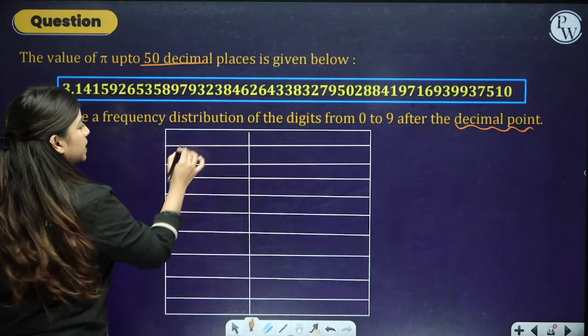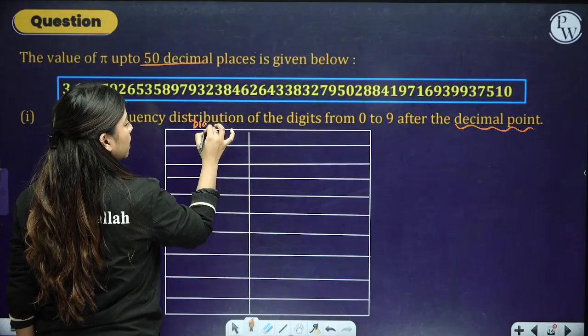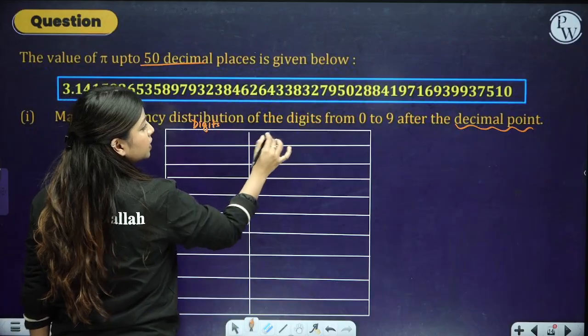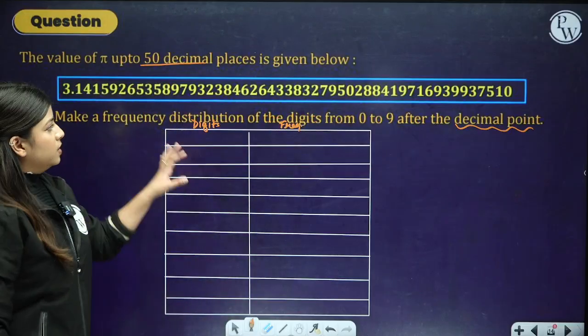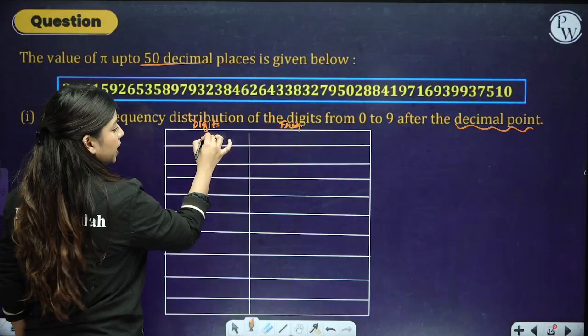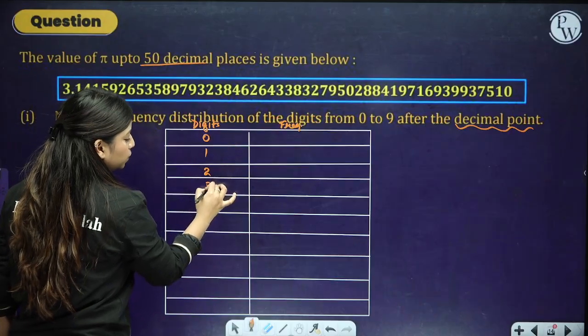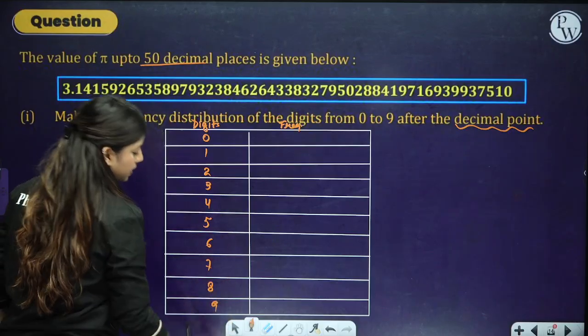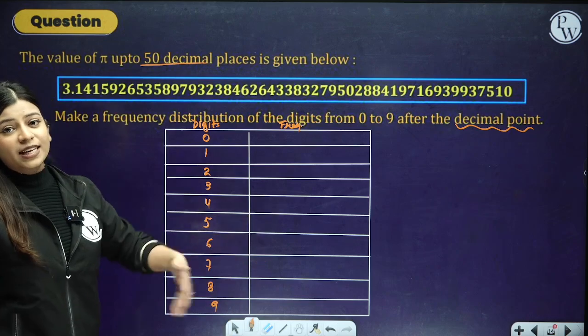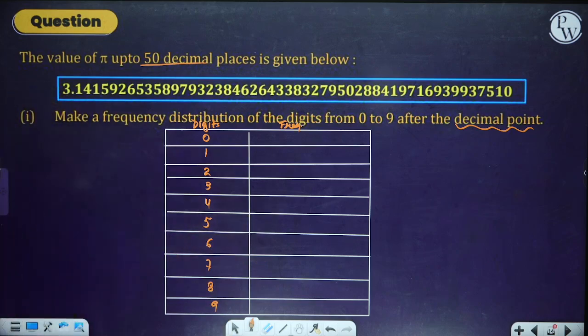Okay, so basically we are over here talking about digits, and after digits, we are talking about the frequency. What are the digits? From 0 to 9 is 0, 1, 2, 3, 4, 5, 6, 7, 8 and 9. Now we have to talk about the frequency, that how many times each number is repeating. Let's say if we are taking 1, we are taking 2, we are taking 3 and so on.